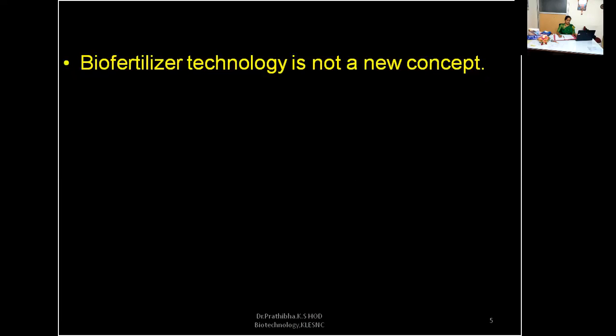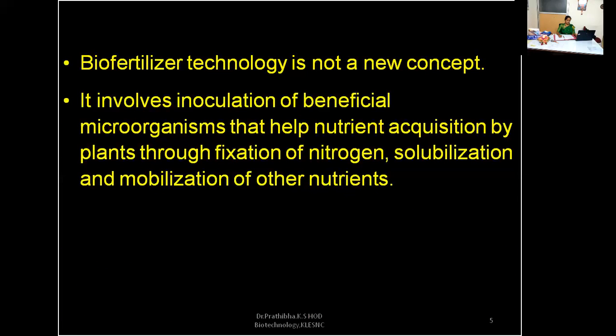Further, biofertilizer technology is not a new concept. It was already used in many earlier conditions, but we were unable to notice that particular work. It involves the inoculation of beneficial microorganisms that help nutrient acquisition by plants through fixation of nitrogen.